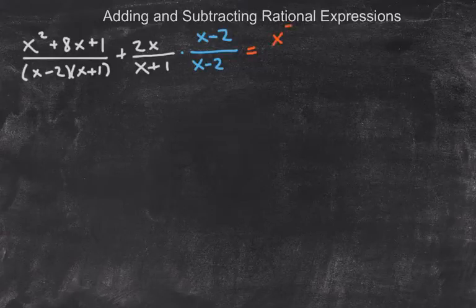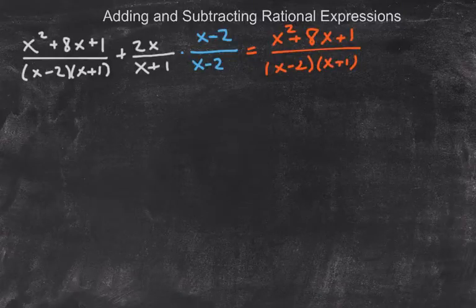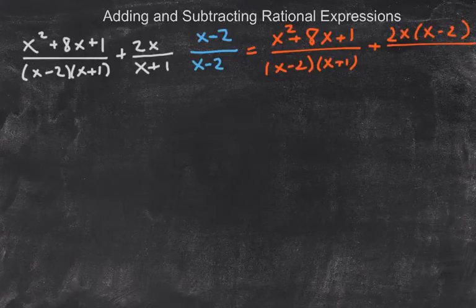I've got x squared plus 8x plus 1 over (x minus 2)(x plus 1) plus the product of 2x and (x minus 2) over (x minus 2)(x plus 1).